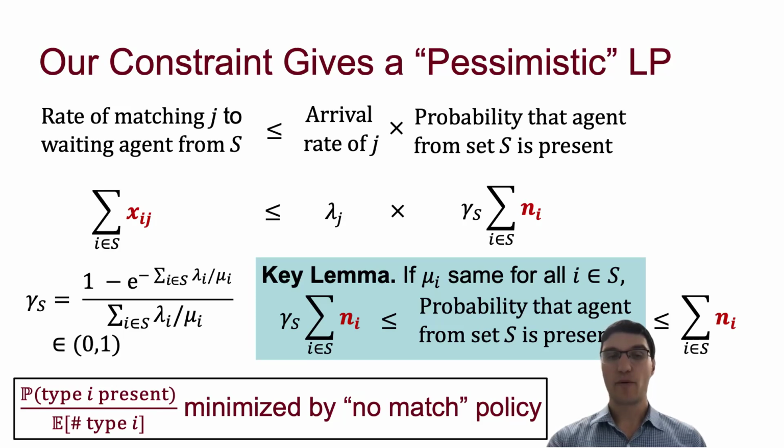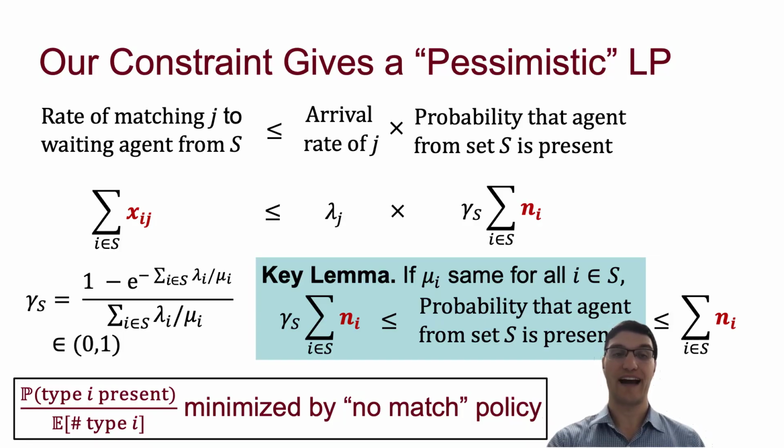Now, what you can show is that if I don't do any matches at all, suppose my policy is not to match at all, in that case this ratio will be exactly gamma s. And that's not hard to show.